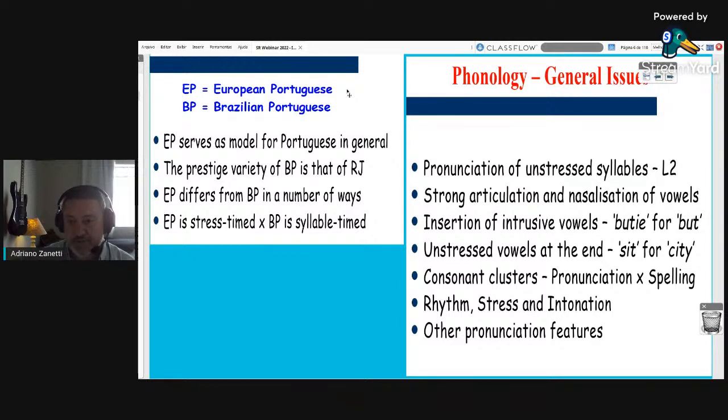So we serve as a model to European Portuguese, but we have Brazilian Portuguese as a prestige variety, the one which is spoken in Rio de Janeiro. And our Brazilian Portuguese is different from European Portuguese in a number of ways: vocabulary, a bit of grammar, but basically in terms of timing.